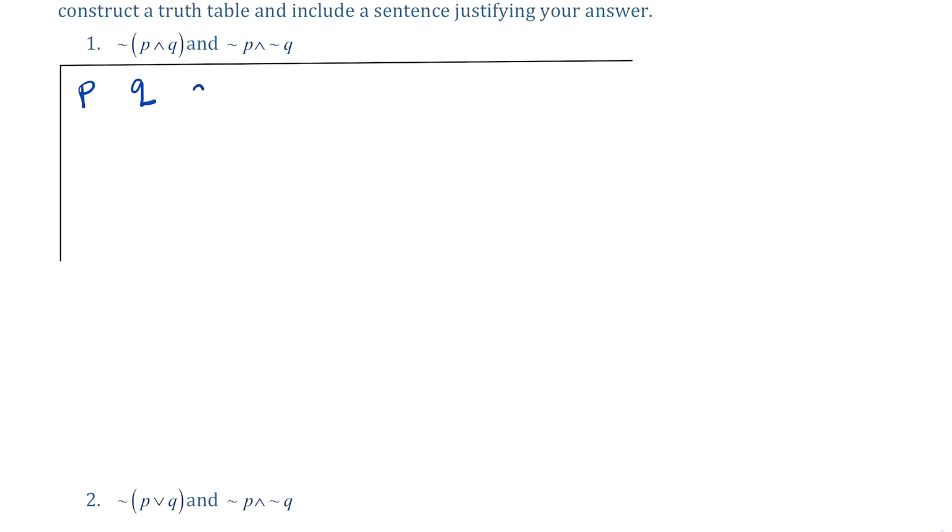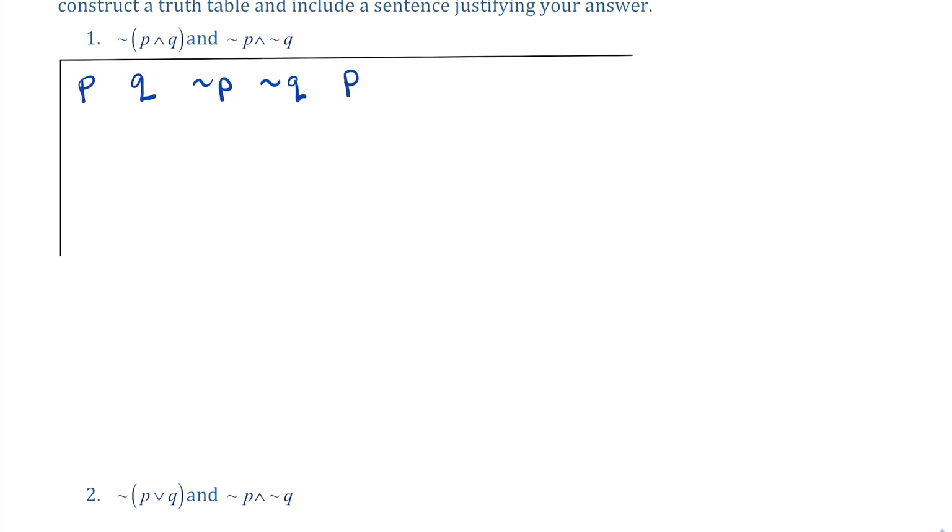So we'll need not P, not Q. We'll need the conjunction of P and Q. And we're going to need the conjunction of not P and not Q. And that's our setup. And then we do our comparison, right?